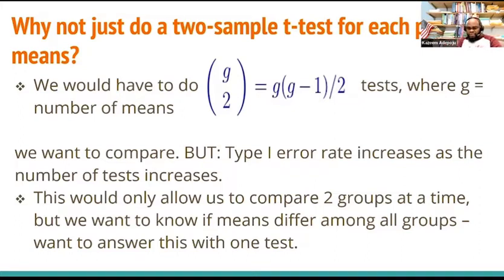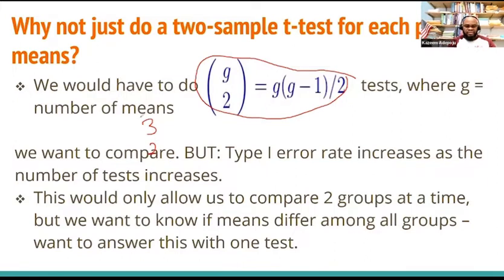If I have three groups, the possible number of pairwise tests we can get with three groups is given by this formula. Here, G represents the number of means; in the example, we have three means. If I want to know the number of t-tests that I'm going to conduct, comparing two groups at a time, it's going to be 3 combination 2.